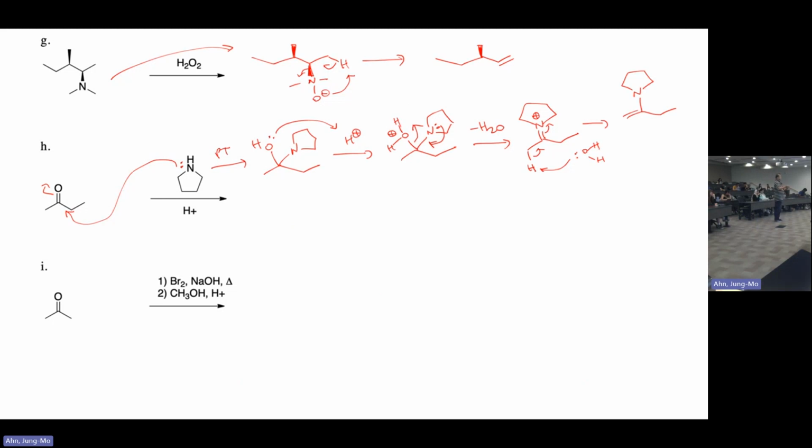This question was actually asking whether you can figure out if the product is an enamine or an imine. Obviously, if you answer the iminium ion, you get some decent partial credit. But the correct answer is that because an alpha hydrogen is available, it will go away with the nitrogen neutral. So the enamine is the end product.